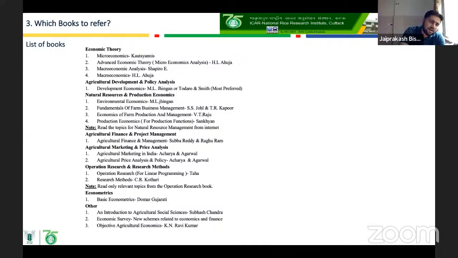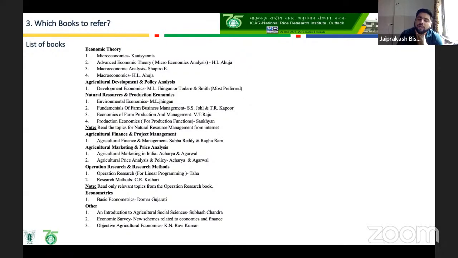I have given the possible books which people generally refer for preparing for the ARS NET or ARS examination, and I have also told you which book to refer. Like in economics, I said you refer Koutsoyiannis, and in development economics, you should refer Todaro and Smith, like that.